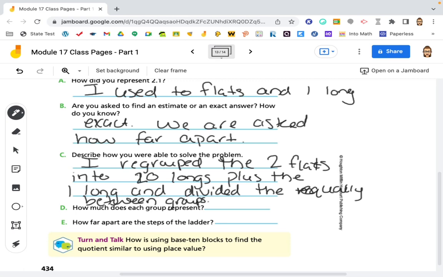So how much does each group represent? It represents 3/10. So how far apart are the steps of the ladder? 3/10 meter.